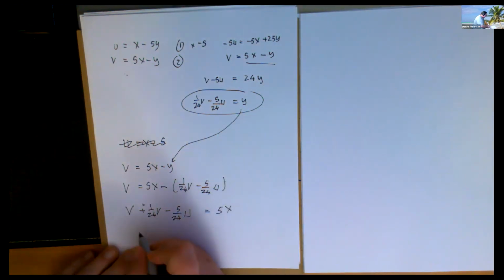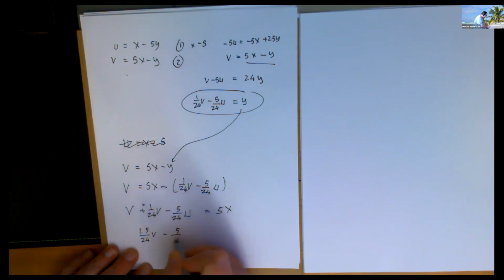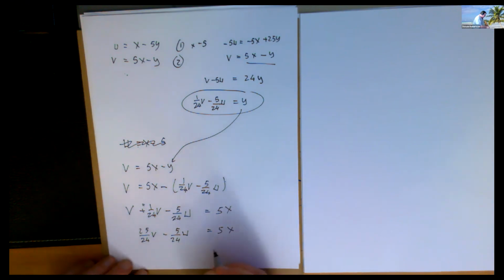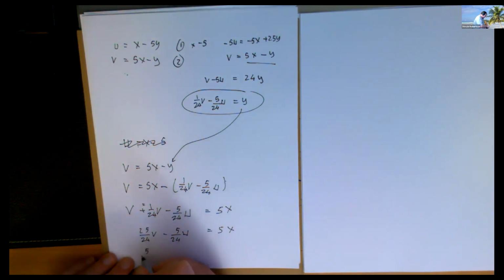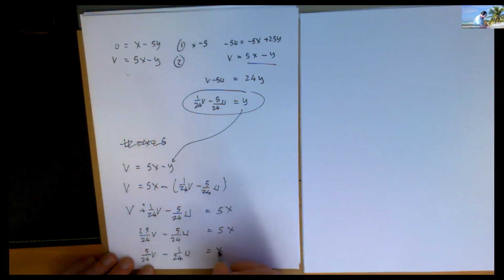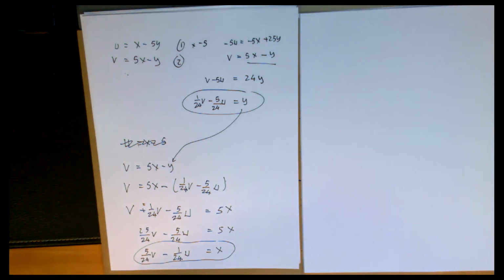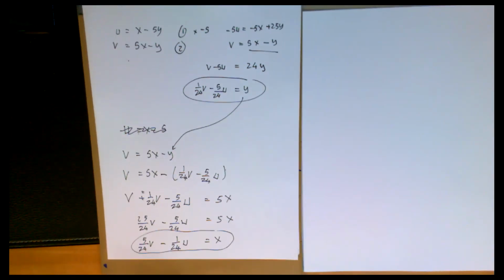Two takeaways is an add, then take away again. Okay. So I've got 25/24 v, take away 5/24 u equals 5x. So divide everybody by 5. I get 5/24 v, take away 1/24 u, and that's what x is equal to. Are we cool with that? Yep.